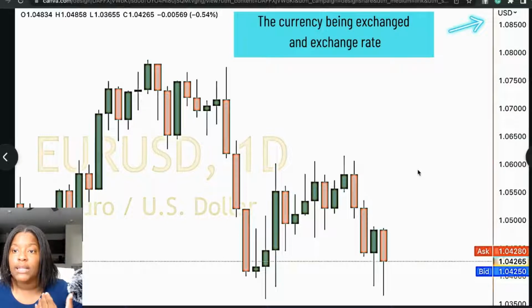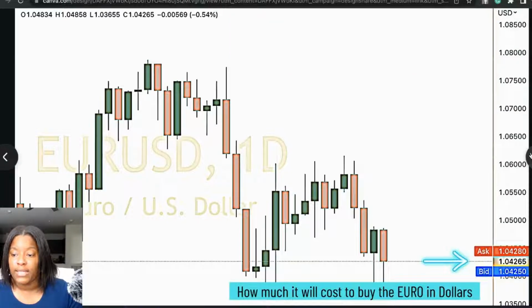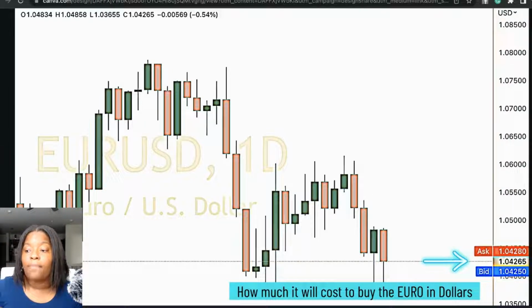So, let me give an example of this. Okay. Now, this is from last week. This is how price closed last week on Euro USD. At one point, the United States dollar was trading at $1.04265. So if I wanted to buy €1 at that time, it would have cost me $1.04 if I rounded it off. Okay.